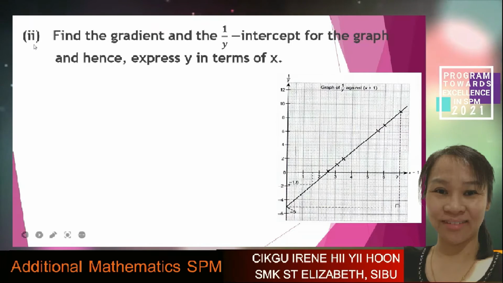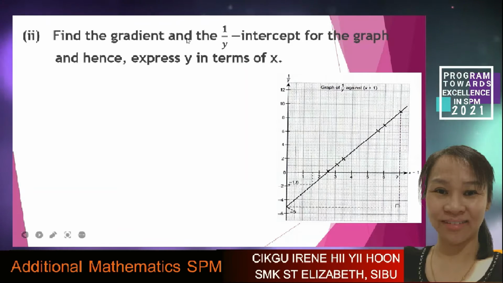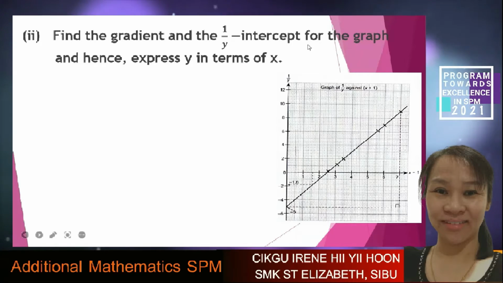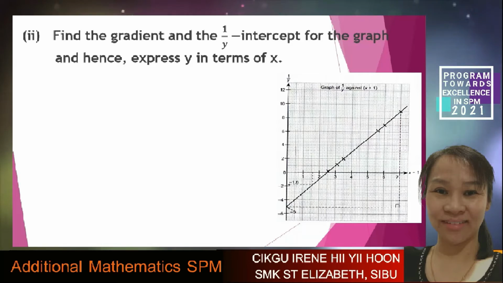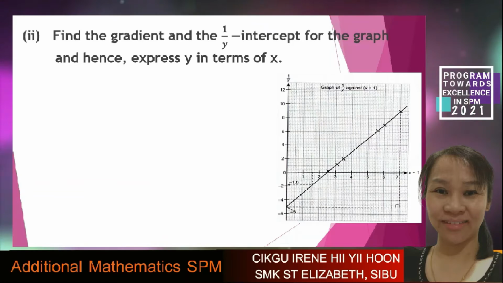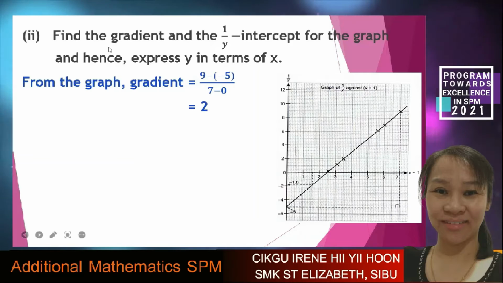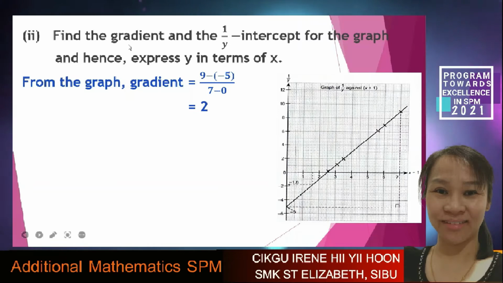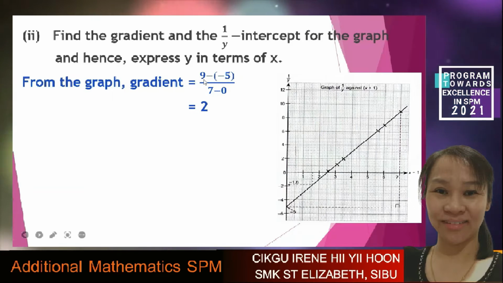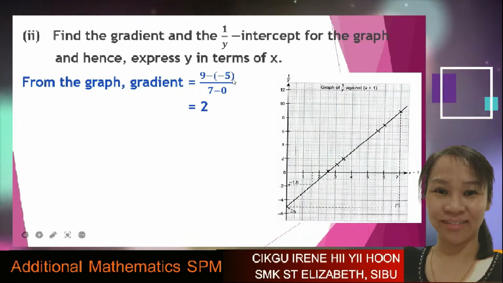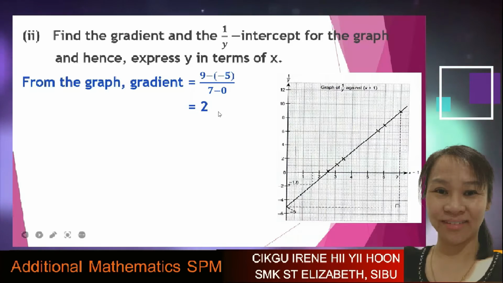For question B2, find the gradient and the 1 over y intercept for the graph and hence express y in terms of x. The question asks us to find the gradient. From the graph, the gradient equals 9 minus negative 5 over 7 minus 0, which equals 2.